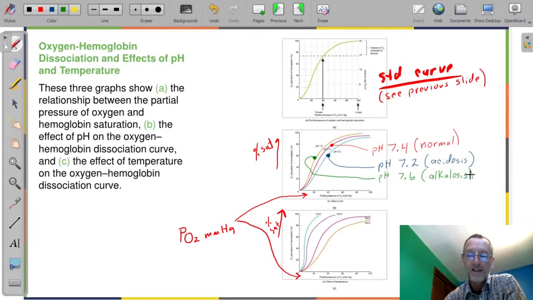How does the oxygen affinity for hemoglobin change with pH? And we're talking about the curve either shifting to the right or shifting to the left. So the blue line has shifted right.